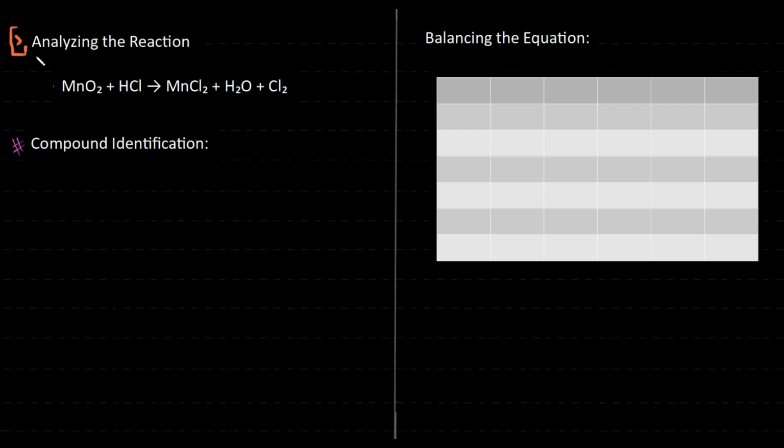Let's look at MnO2, that is manganese dioxide. Manganese oxide, also known as manganese dioxide.